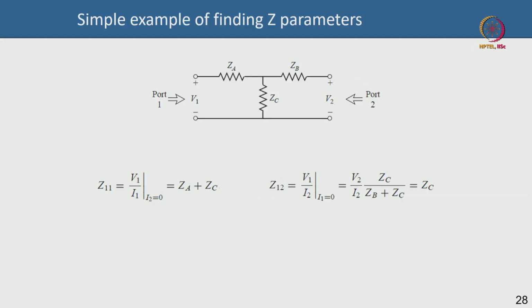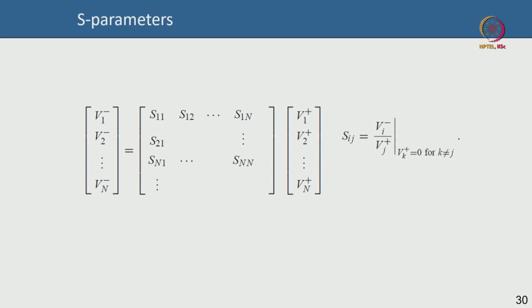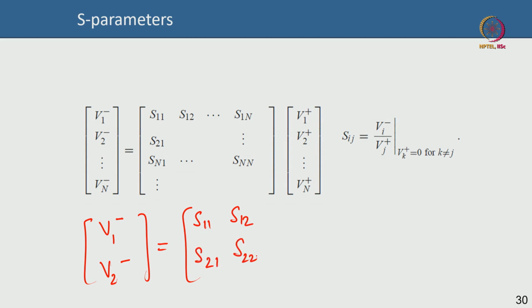So, I will come to this example of Z parameters later maybe, and ABCD also, but I am talking about S parameters here. So, here you see in a 2-port network you have the input side reflected and the output side reflected, which is your S parameter matrix, your S11, S12, S21 and S22, multiplying the input side incident wave and the output side incident wave.